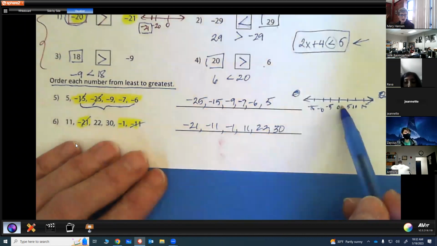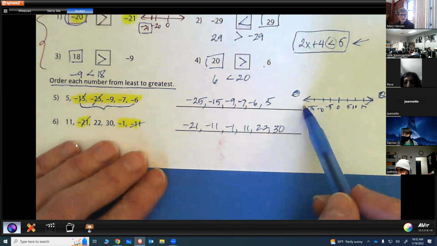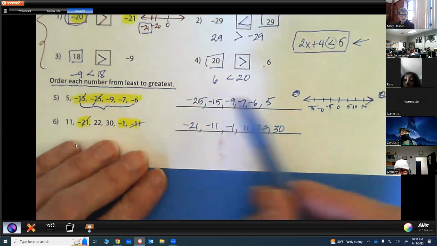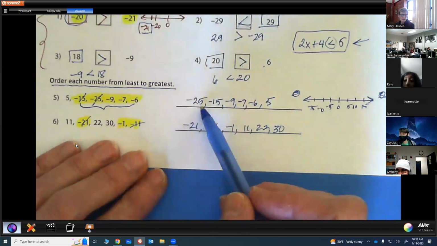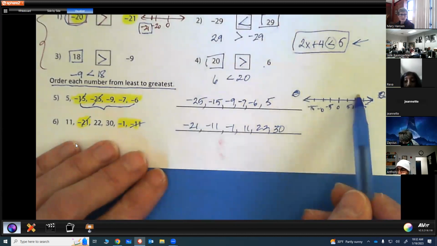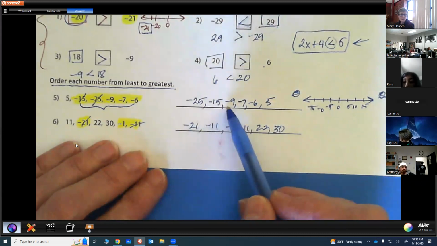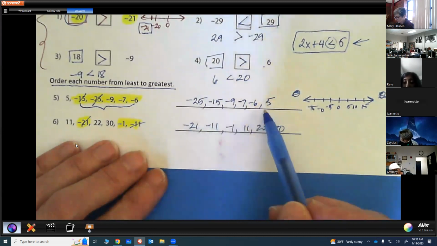If you envision where they are on the number line and say which one is farthest to the left, that's going to be the smallest number. And so negative 25 would be the smallest out of this list. And then as I move to the right, where greater numbers exist, I would pass negative 15, negative 9, negative 7, negative 6, and then positive 5.